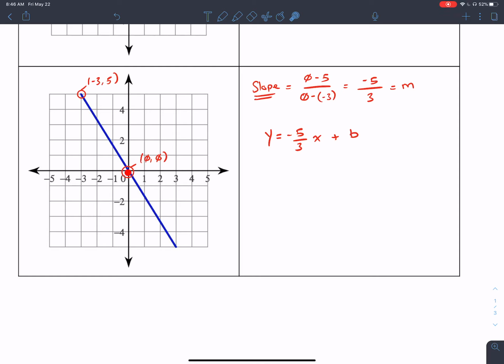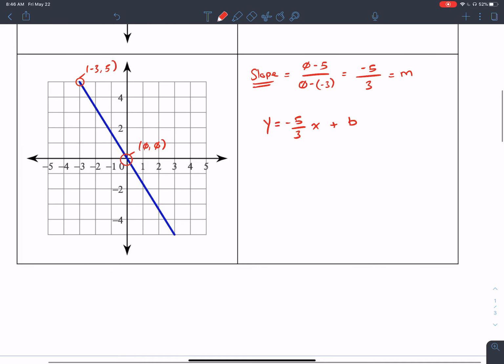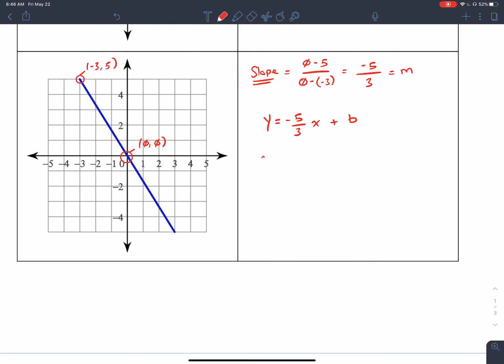Let's solve for b, and I'll use the (0, 0) point, and we'll see what happens. So that means that I'm going to sub in the point (0, 0). That means we're going to plug in 0 for x and y in our equation.